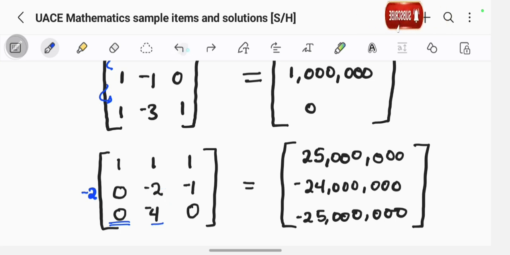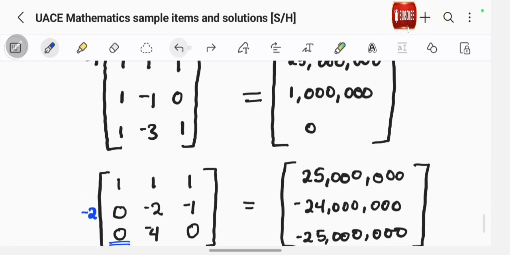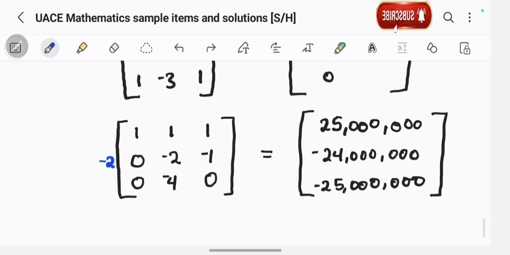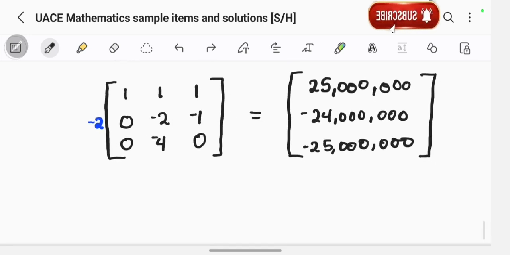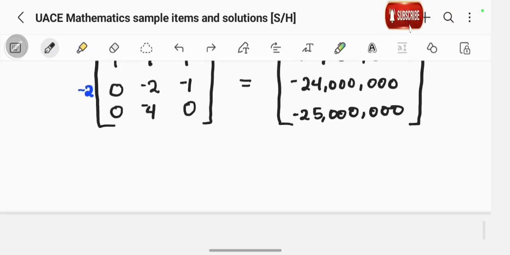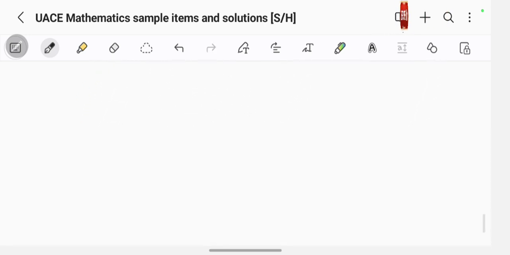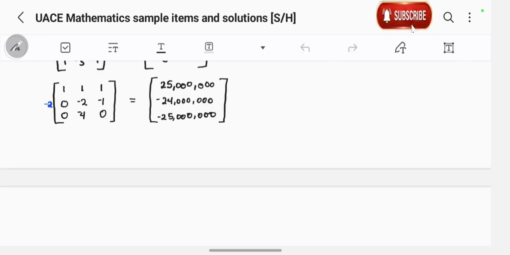That is it. Those are the steps. If you understand the steps, nothing's going to bother you. So that is what we have there. So when I multiply it, I have to first maintain the first row.